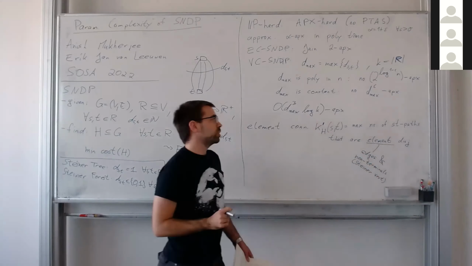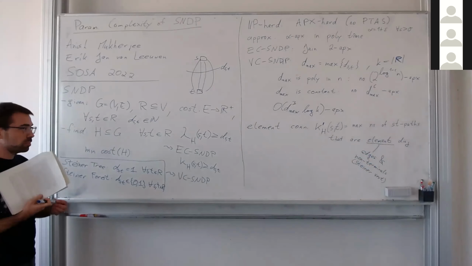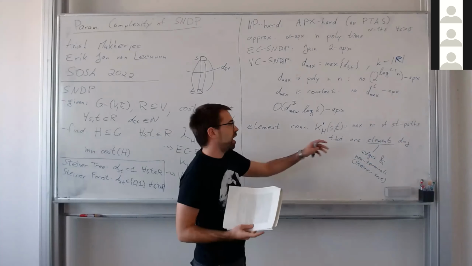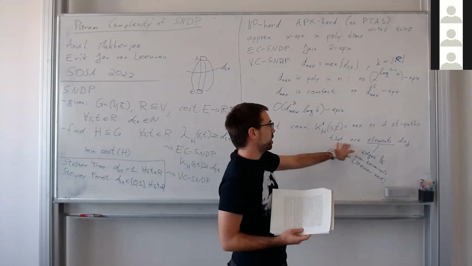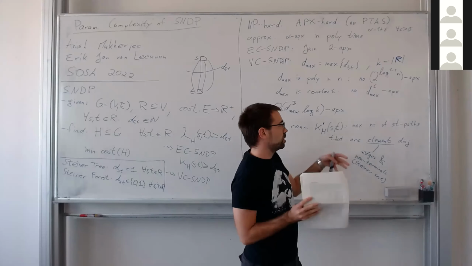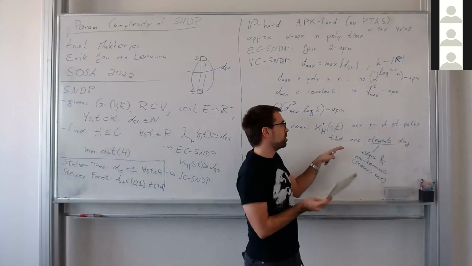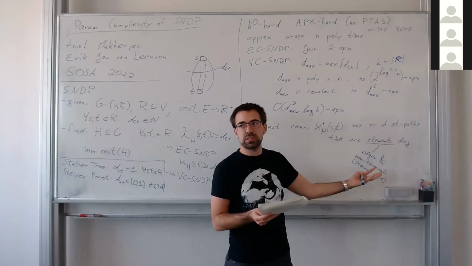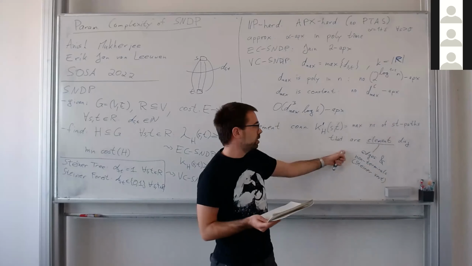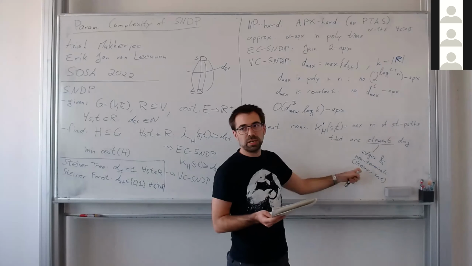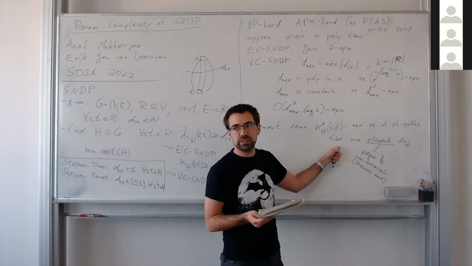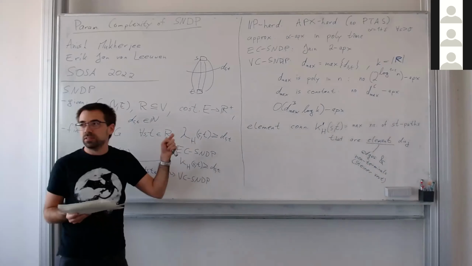So in other words, it's the maximum number of paths between S and T such that any pair of them can only share terminals. So they can only intersect on the terminals, but not on the edges and not on the non-terminals. Okay, does that make sense?